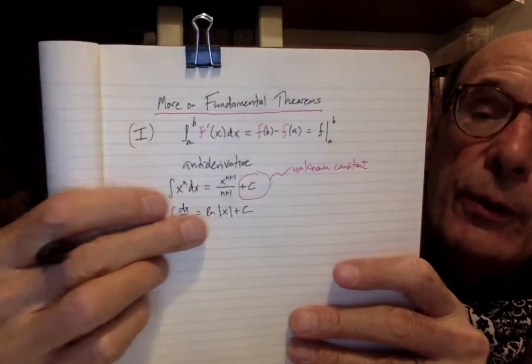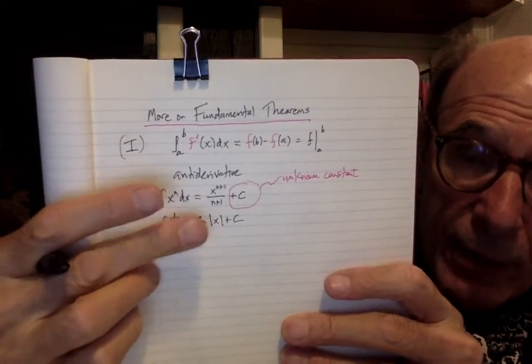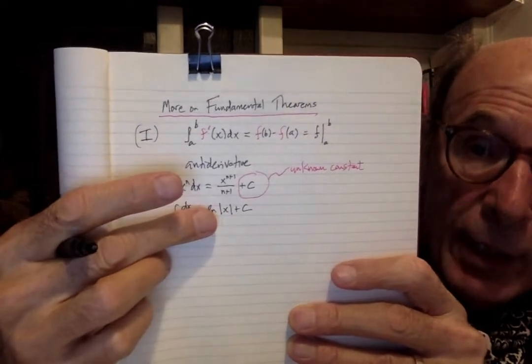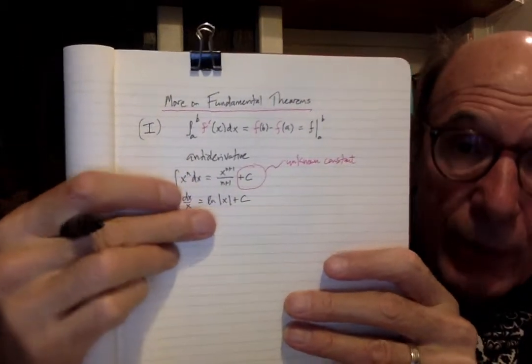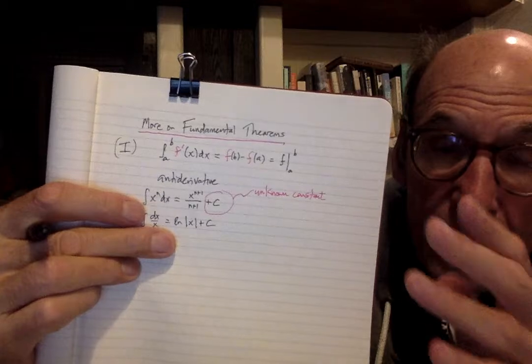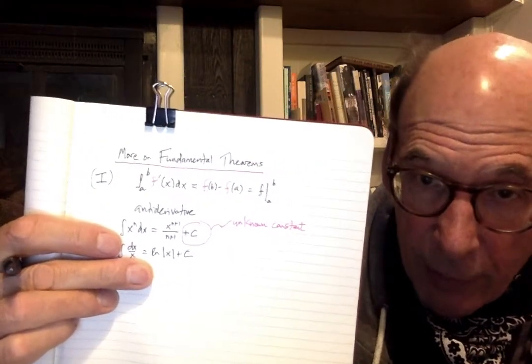And there's a little bit of a surprise here as well: you know the derivative of natural log is 1 over x, so the antiderivative of 1 over x is natural log. But for reasons I'll get into in a minute, we need to take the absolute value of x, and so there it is. And of course, there's the plus c, because if you take the derivative of natural log of x plus 4, it's still 1 over x.